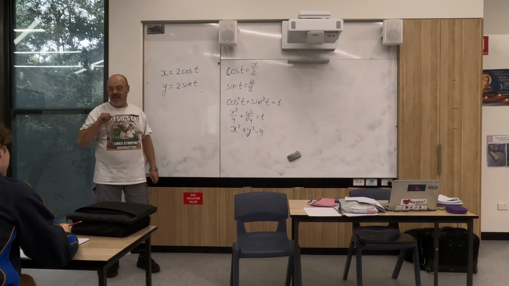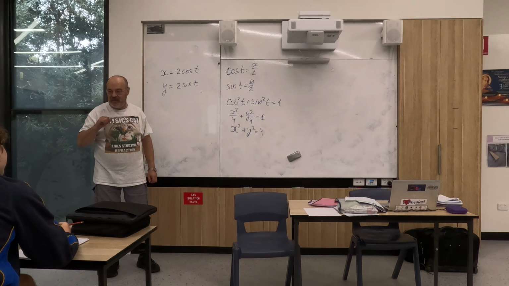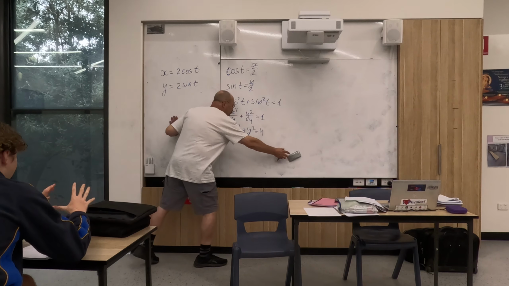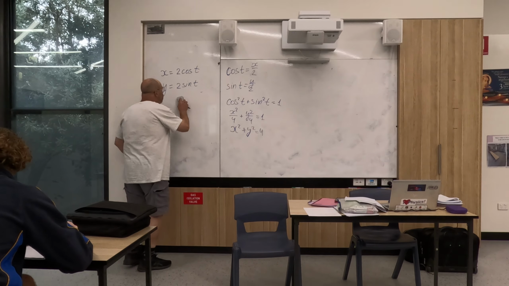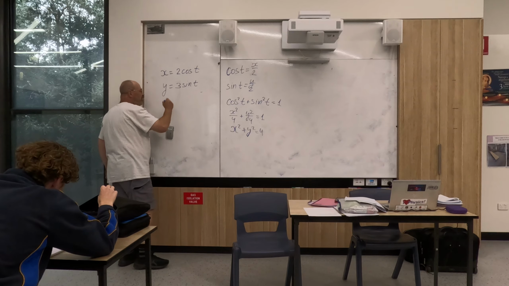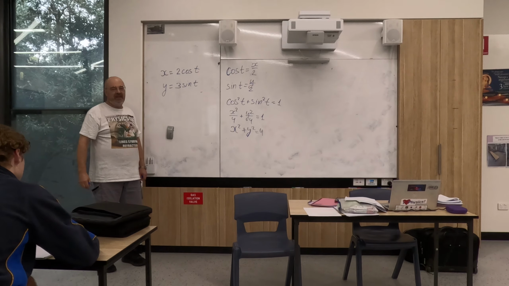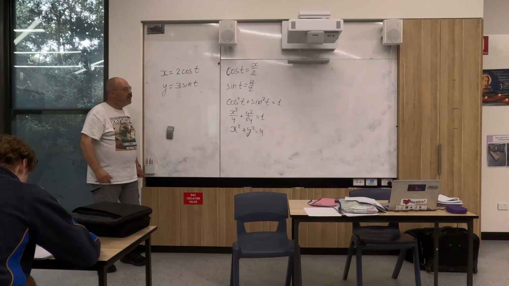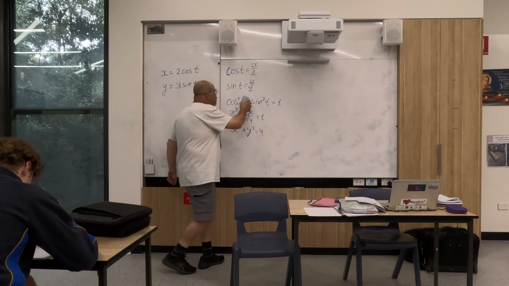Now we will get the equation for an ellipse. Let's say this is 2 cos t and this is 3 sin t. If the number in front of cos and sine is not the same, then we still do the same thing.